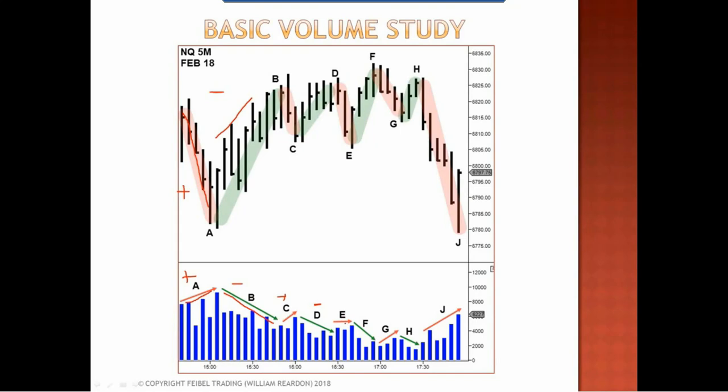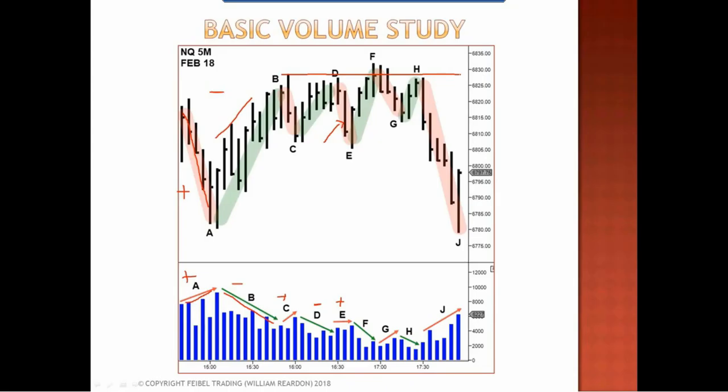Well, volume is sustained. But what do we notice? There's ease of movement. We push the market down with sustained volume. So that is positive. Now here, it gets interesting. E to F. We have a little resistance level.